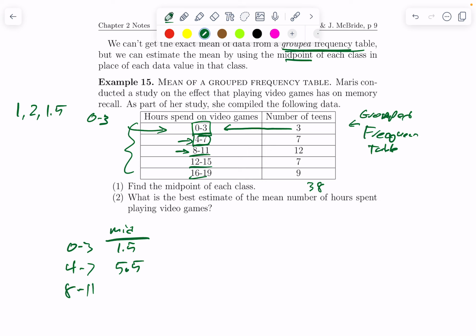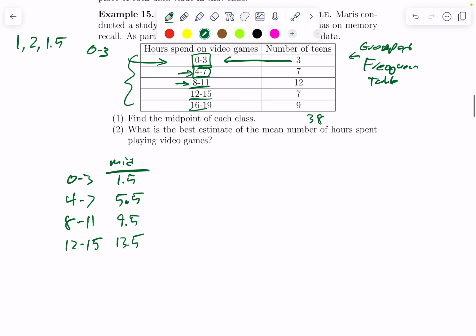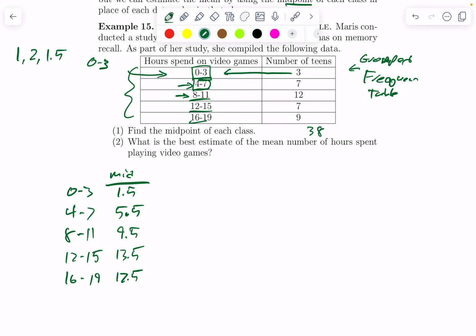For 8 to 11, the midpoint is 9.5. For 12 to 15, the midpoint there is 13.5. And for 16 to 19, I add those together, I get 35. Half of 35 is 17.5. Okay, great.